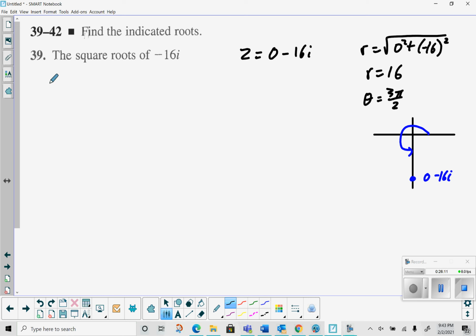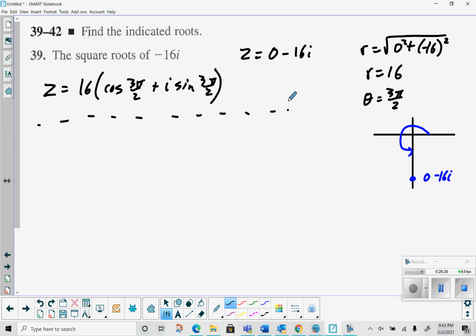So we could write our complex number in polar form by saying 16 times the quantity cosine 3 pi over 2 plus i sine 3 pi over 2.